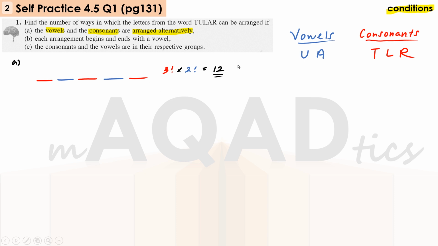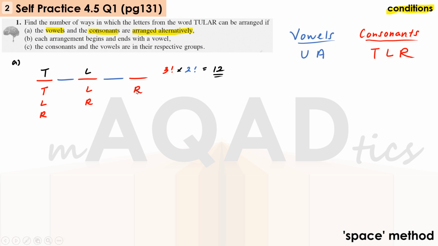This one is the shortcut way. If you are not really familiar with this, you can always use the method that I shared in lesson 12, which means listing down all the possibilities below the spaces. For the first blank space, we can put these 3 consonants, T, L, and R, and let's select one of the letters first, which is T. Then for the second blank space, we have left L and R, so let's assume we put L here.